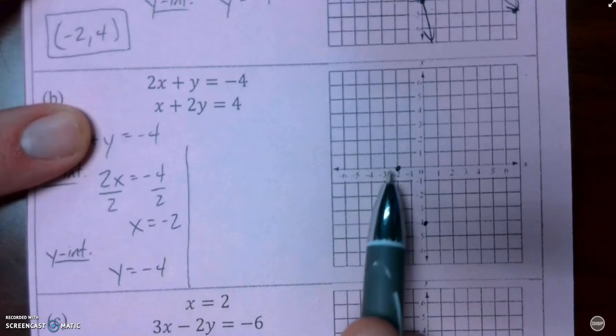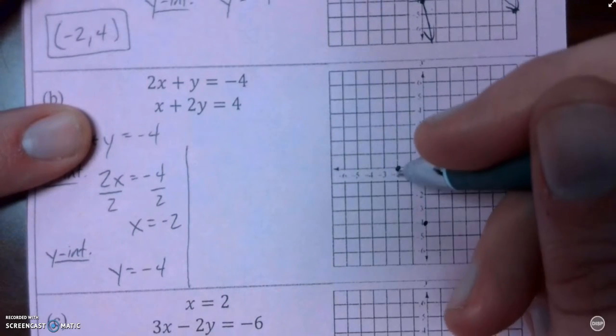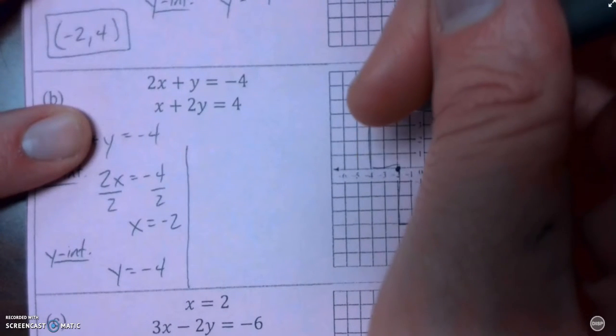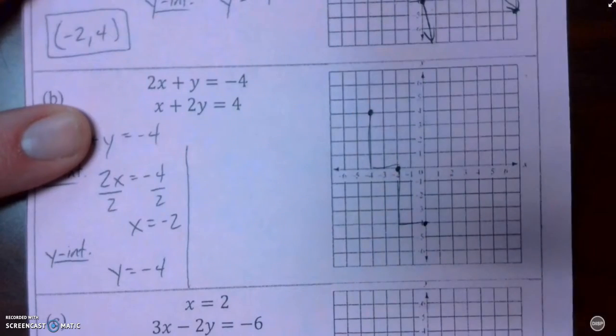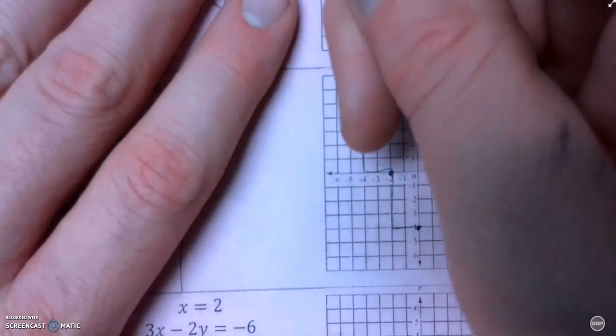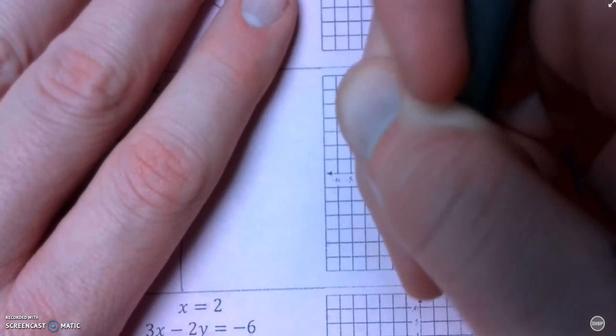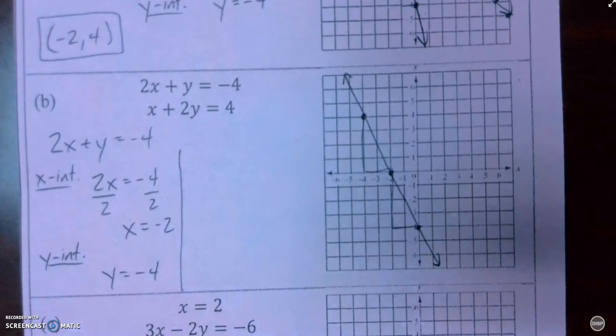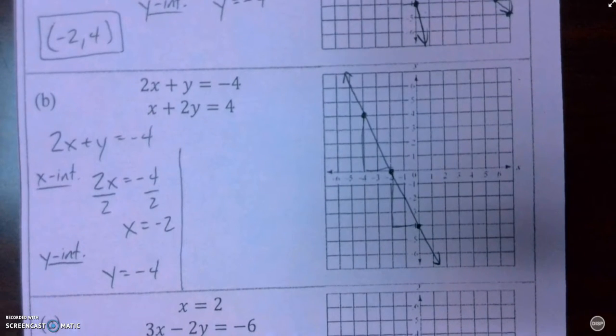And now I've got a pattern of down 4 and right 2 that will let me plot other points on the line. There's one line down, 1 to go.